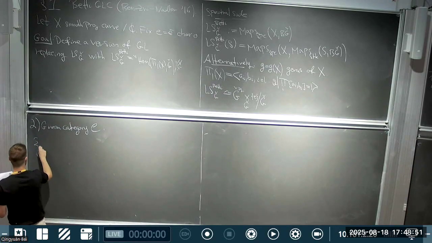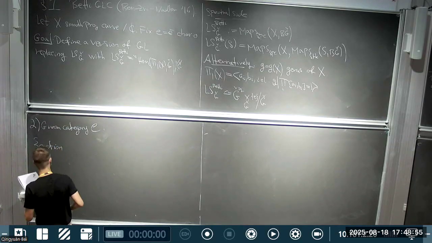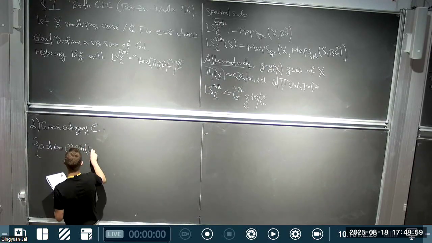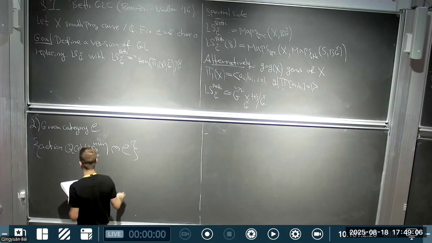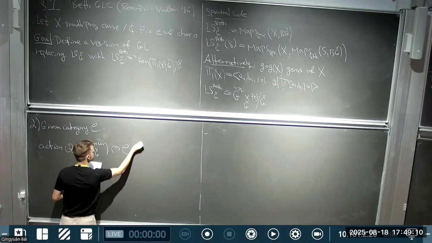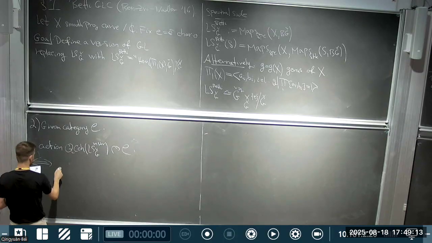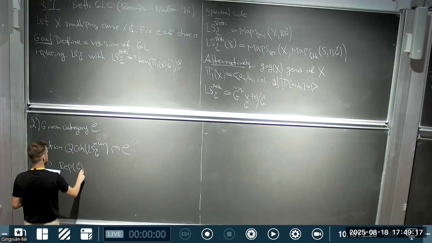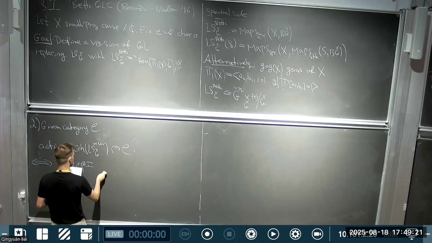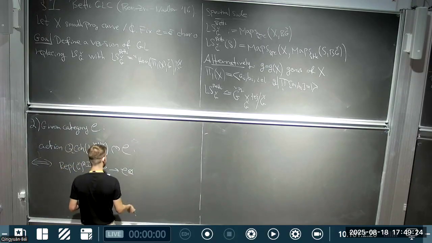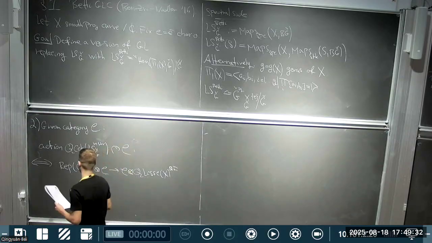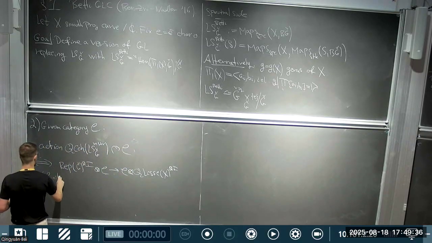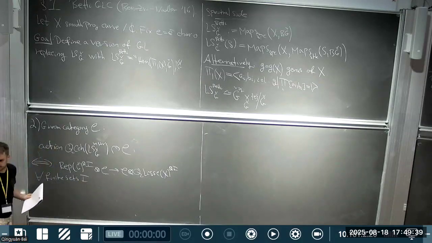There's a statement here that giving an action on another category C is equivalent to giving a functor, compatibly under surjections, for finite sets I, from tensor products of C to tensor products of D-modules on X to the I. Doesn't really matter too much.